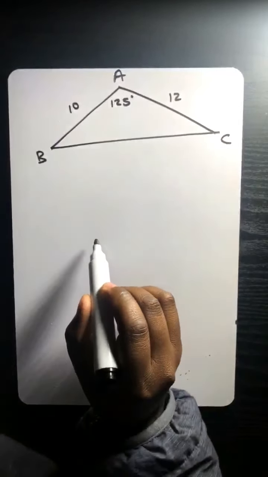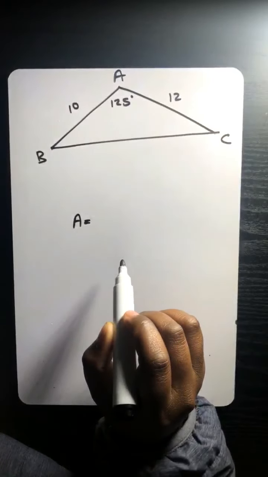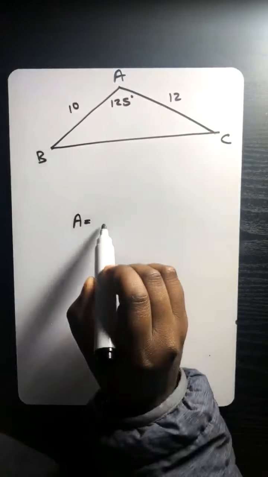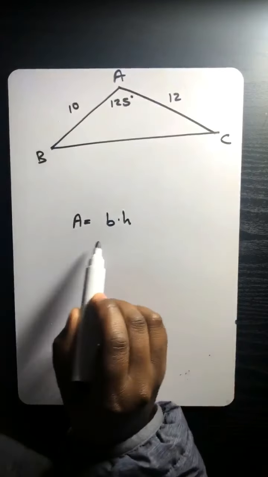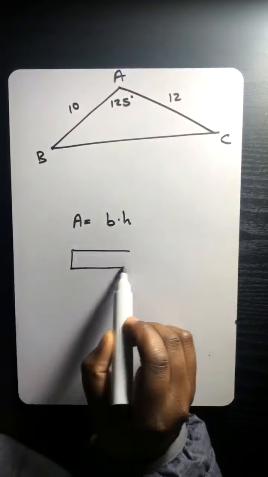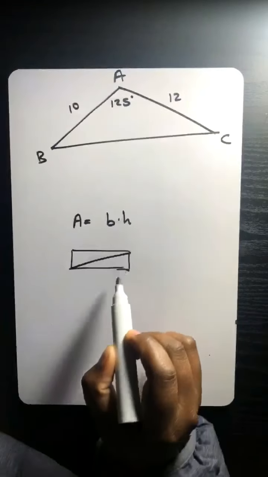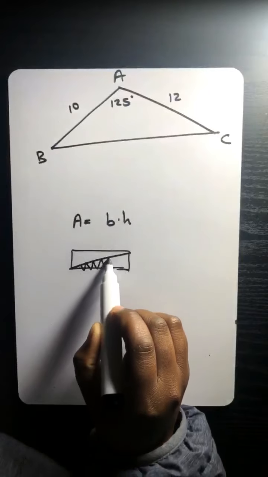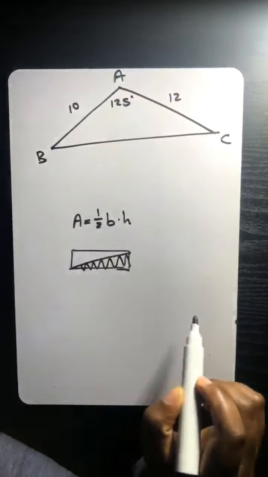When you calculate the area, we know very well that generally the area of a triangle is equal to, let's say, breadth multiplied by height. And remember, this formula comes from a rectangle, but if we cut it in half like that, then we know this is a triangle. That is why we have that half over there.